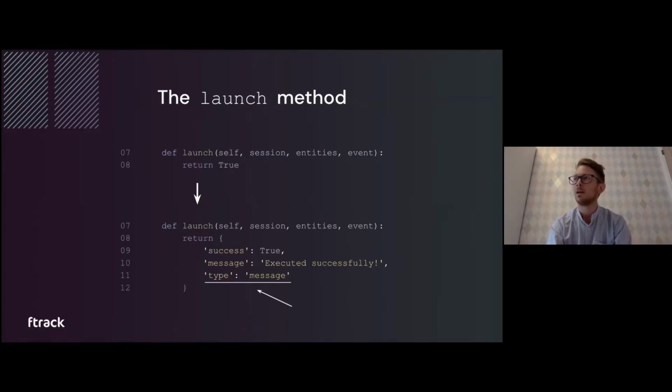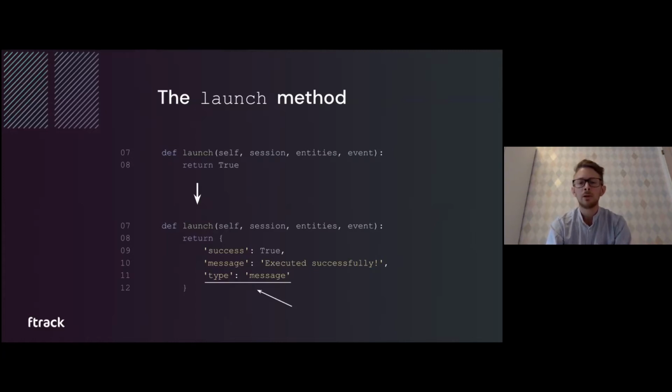It can just run some code and that's it. But that would probably not be the best user experience if not providing any feedback back to the user. So this is the reason why the type that is set to message here is one type of user interface.